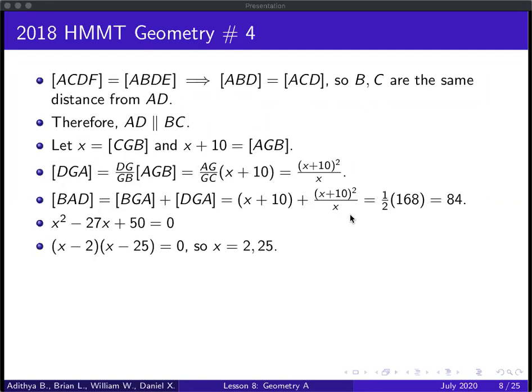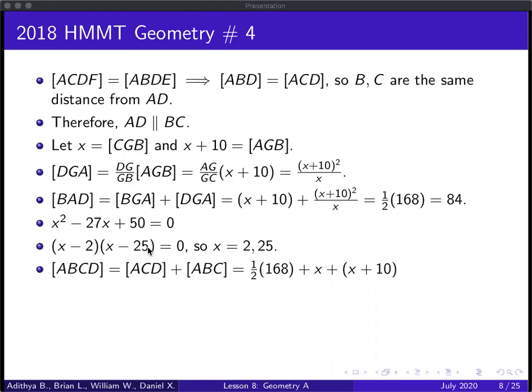It's half that parallelogram again. And the area of ABC we also know, because the area of ABC is just the area of AGB along with the area of CGB, and those are x and x plus 10. So we can actually express the area of ABCD entirely in terms of x.